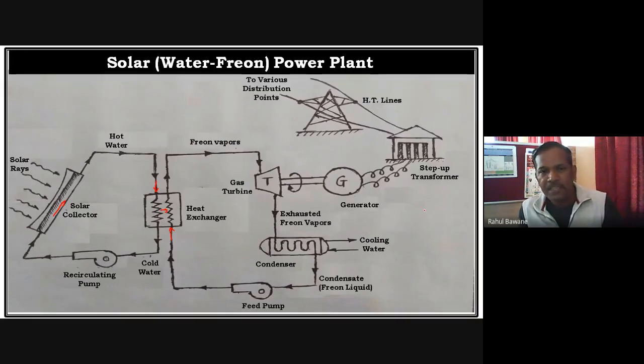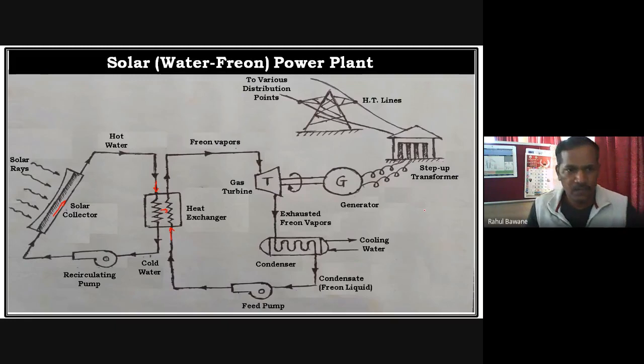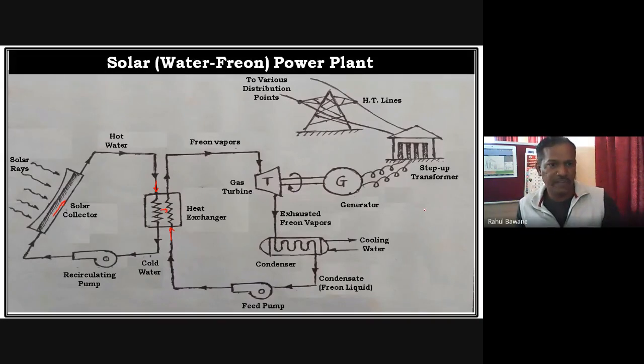but it depends on two conditions: geographic condition. Just like in an area, in a region, in a country where there is sufficient exposure of sunlight, you can have that solar power plant. But in a country where there is not that much intensity of solar energy even in daytime, this plant cannot work there.